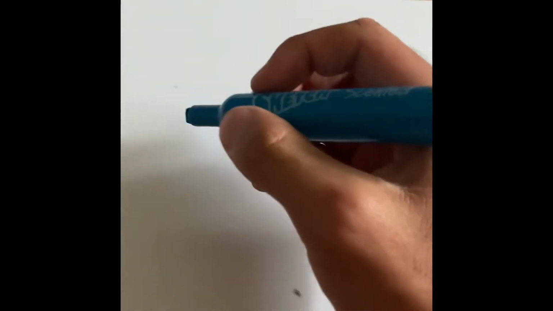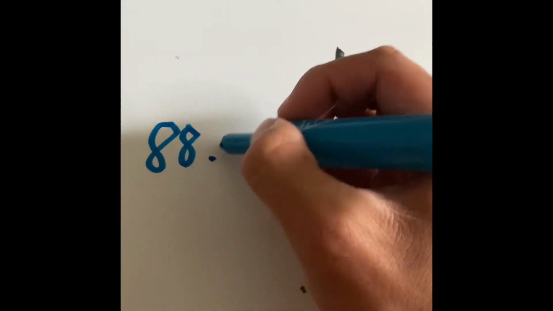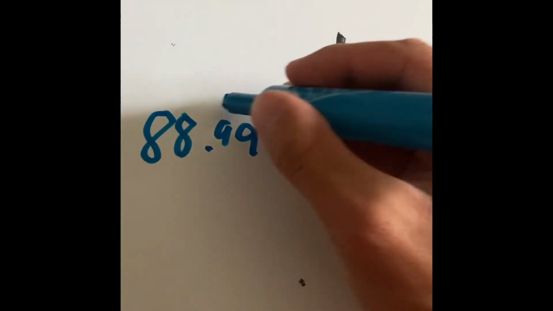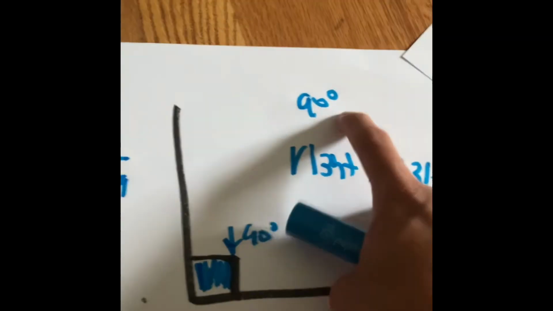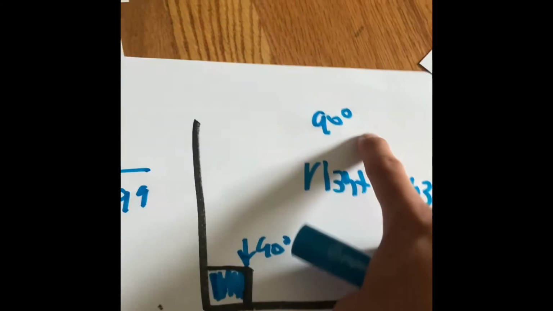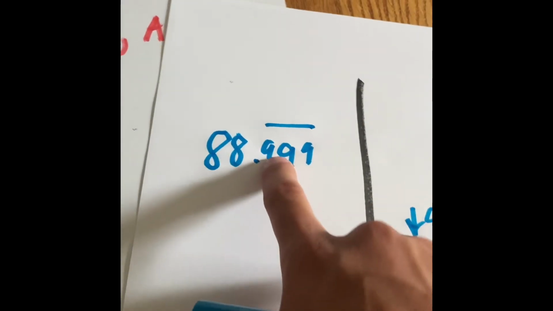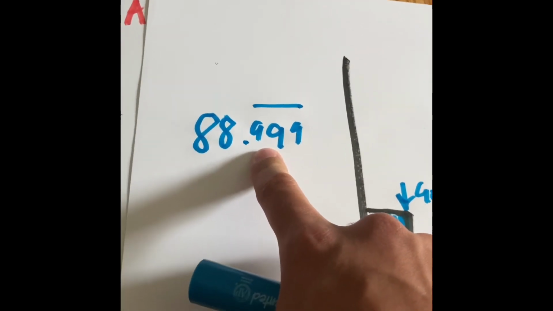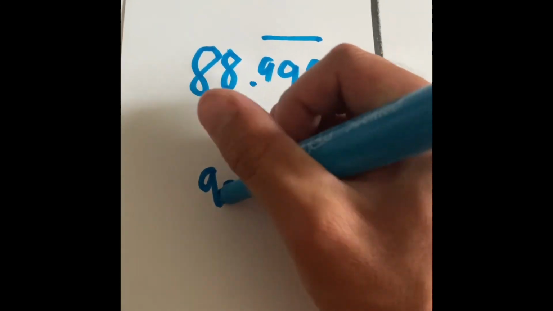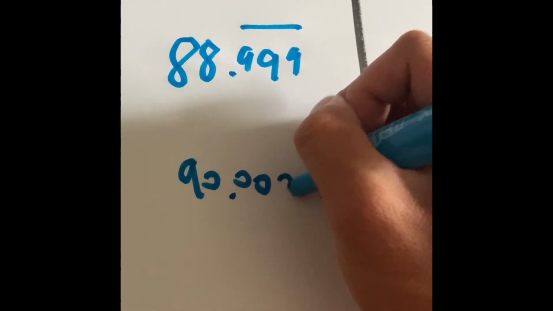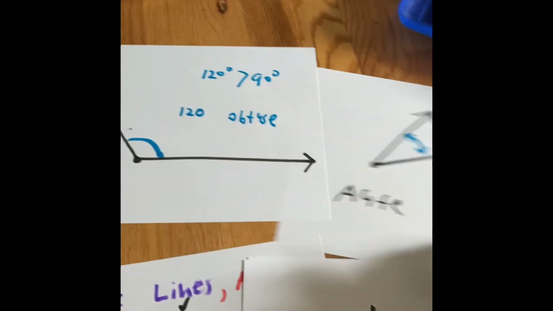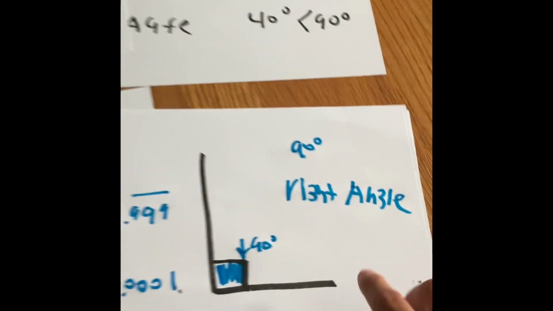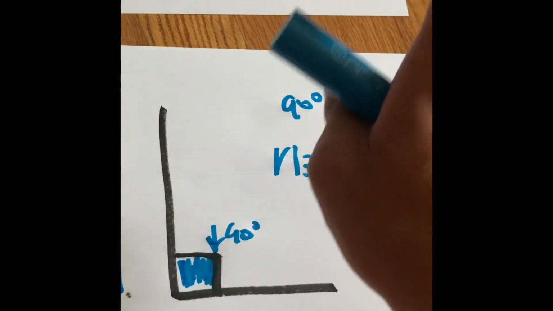If you have an angle like 88.999999 repeating, it's not a right angle. It has to be exactly 90 degrees. If it's anything like this, or anything a lot bigger, like 90.000001, then it would be this one or this one. So it has to be perfectly 90 degrees.